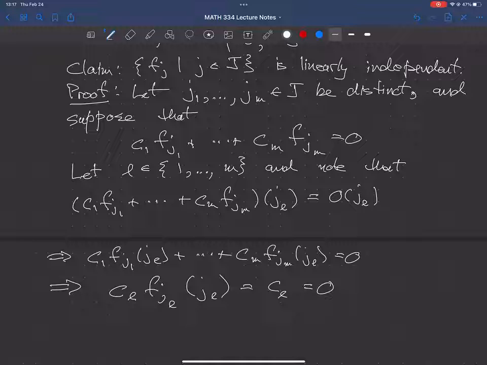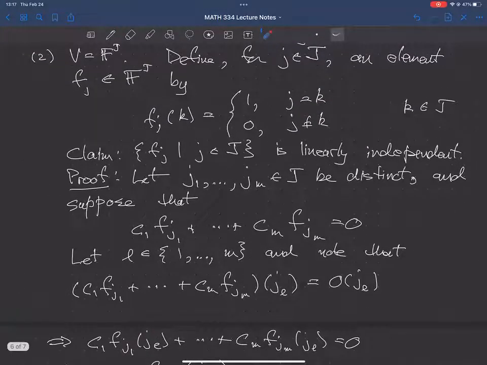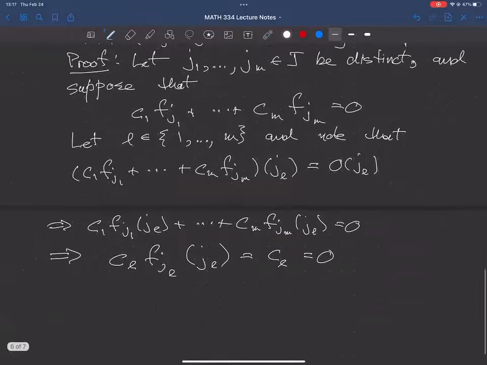Just by the definition here. And so that shows the linear independence that I want, because this is now true for every l. You can do the construction I just did for any l.